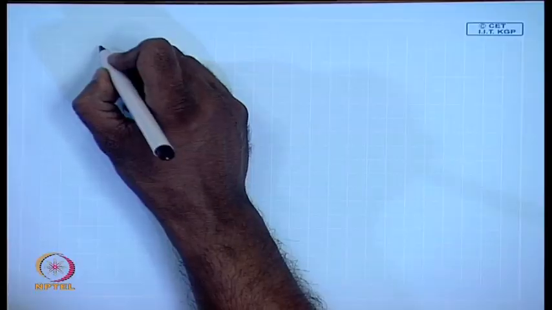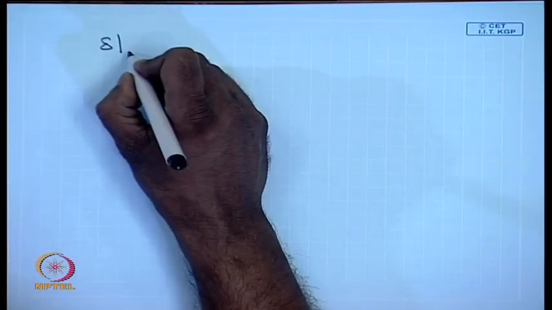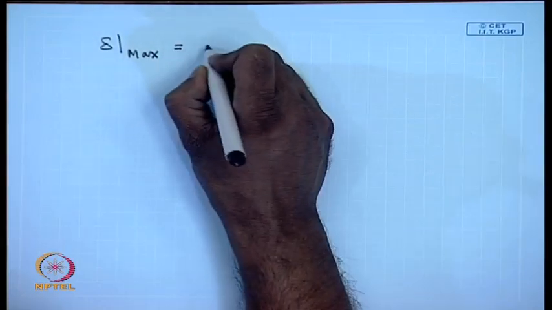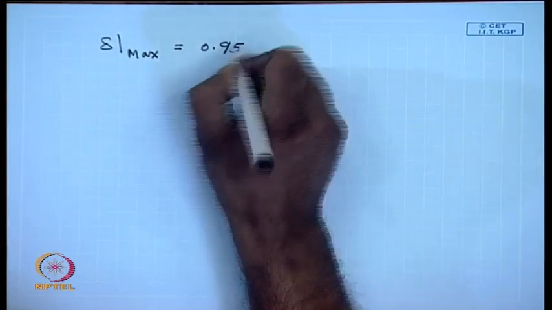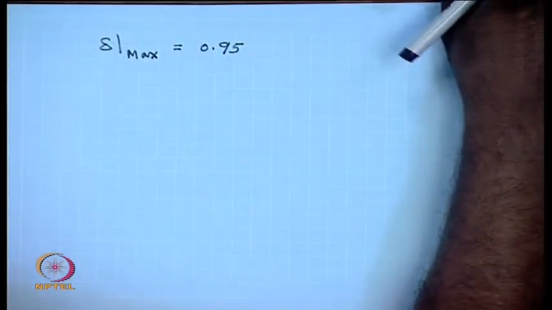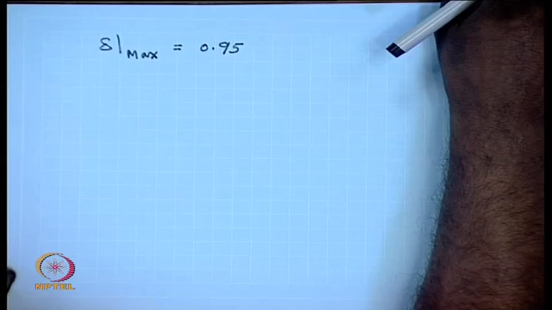It will be interesting also to find out what is the maximum range of speed control of such an arrangement. For that, let us assume that the maximum value of delta has a certain limit, 0.95. This comes because the power electronic switches require a minimum on time and off time. So, delta cannot really be made 1 or 0.